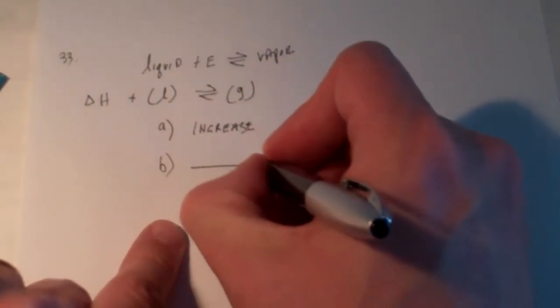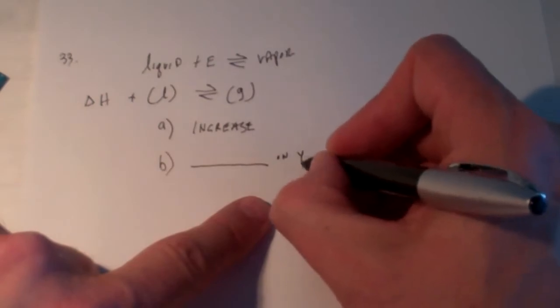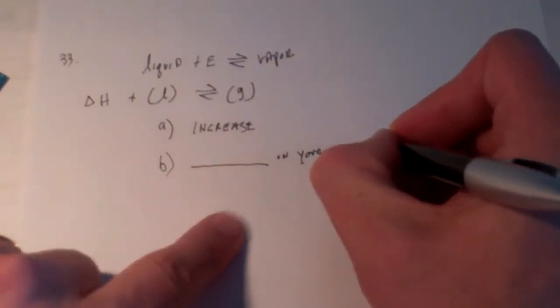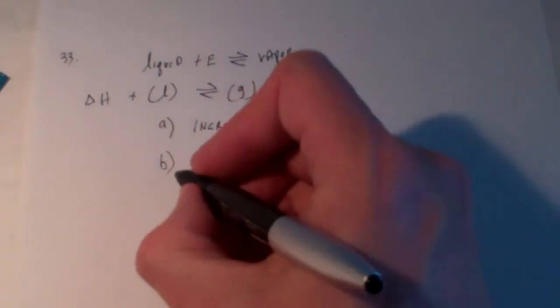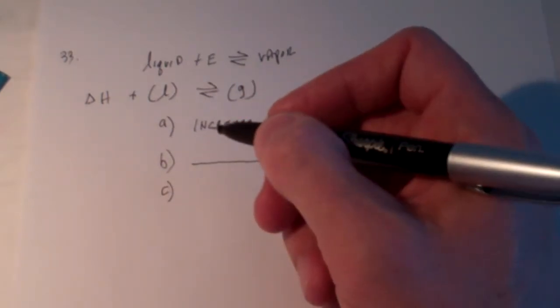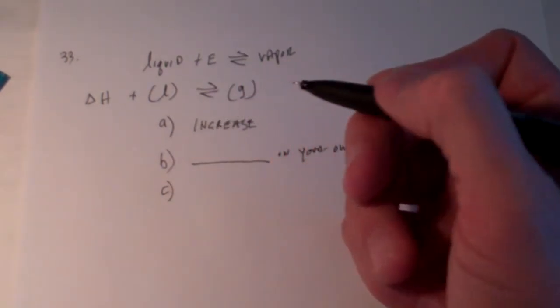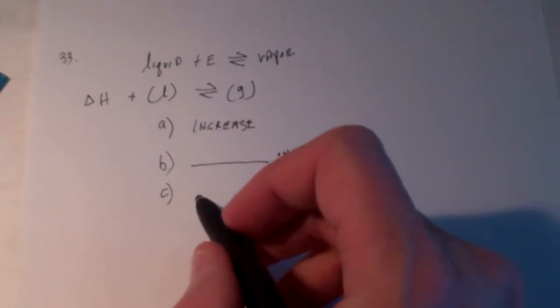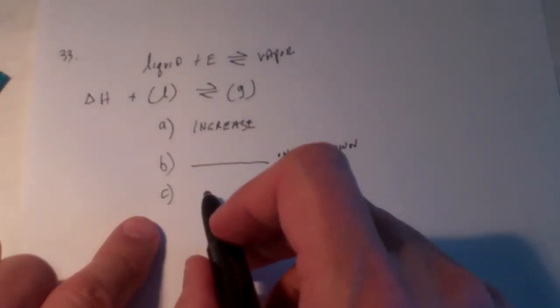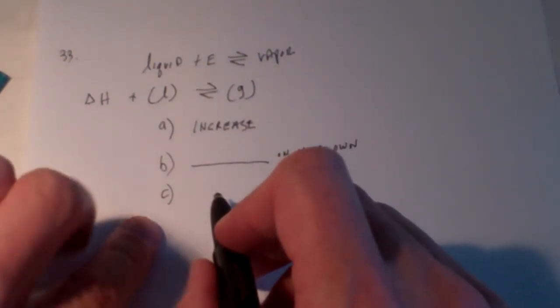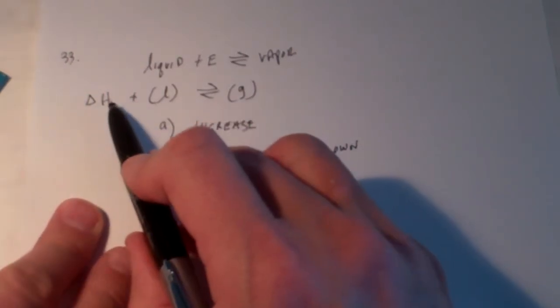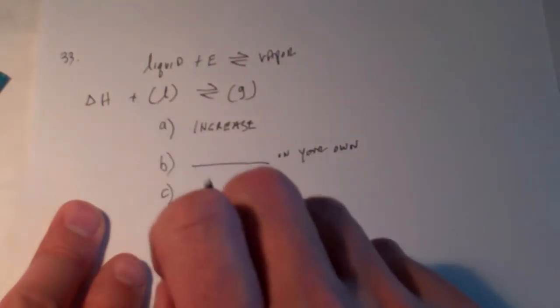Letter B, you're on your own. So read through letter B, and you need to handle that by yourself. Letter C. What is the final concentration of vapor molecules? Now, when equilibrium is reestablished, I sort of just answered that for you a few minutes ago. When I add heat, won't it shift the equilibrium to the right to use up that heat?